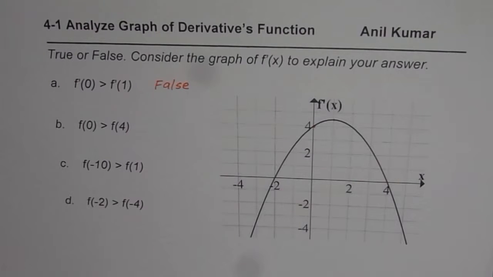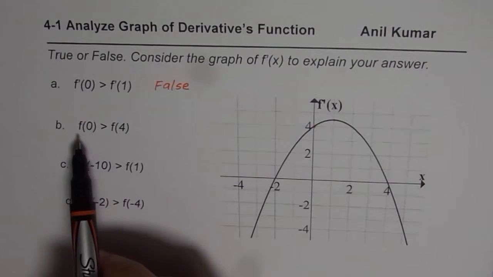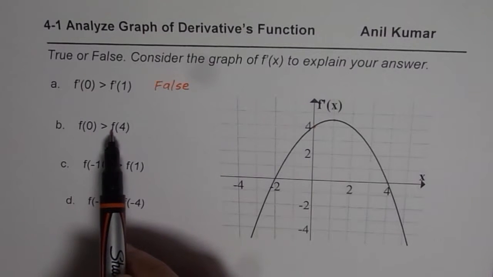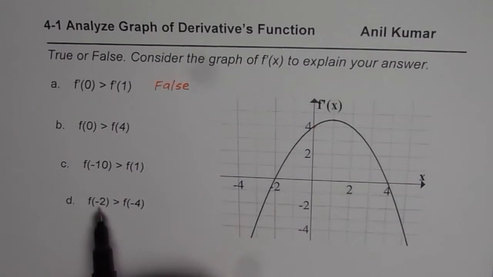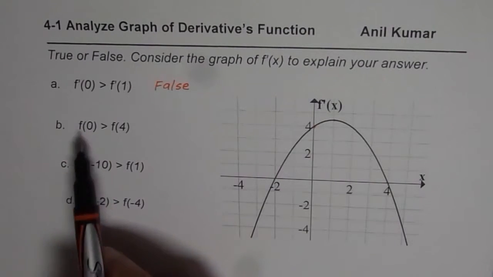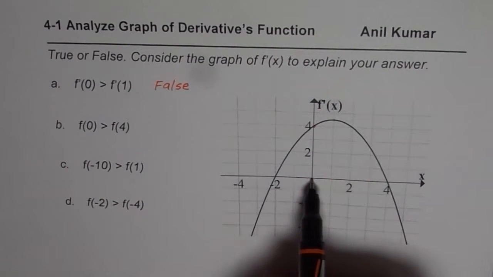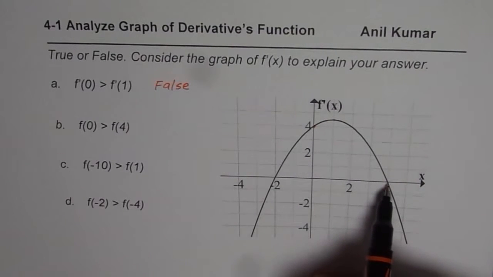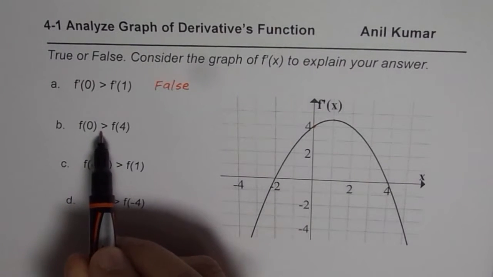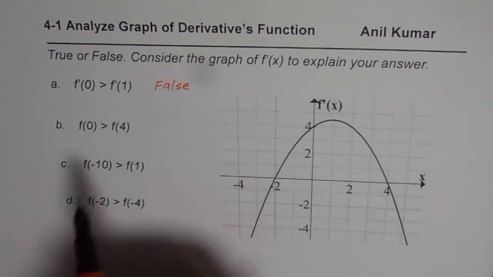Now, the second statement is that the value of the function at 0 is greater than the value of the function at 4. These three statements are about the value of the function. That means you have to figure out what could be the value of the function at 0 and at 4.